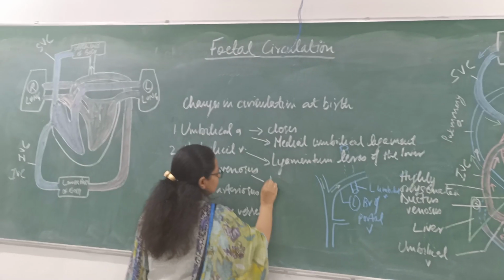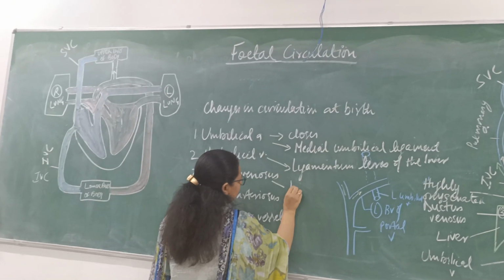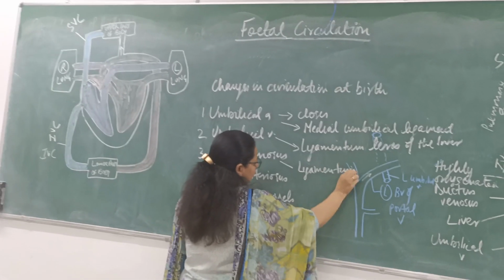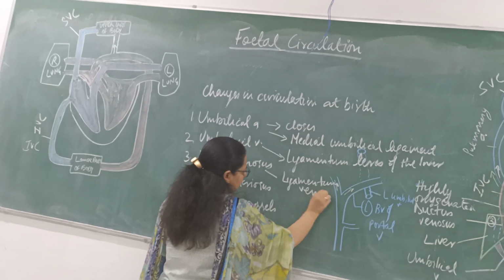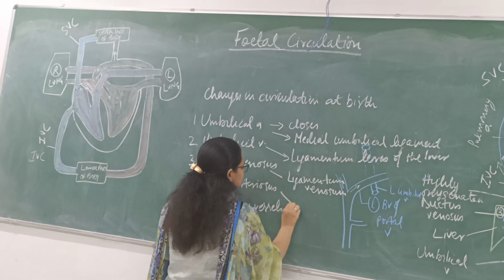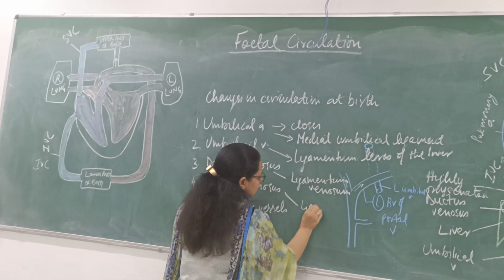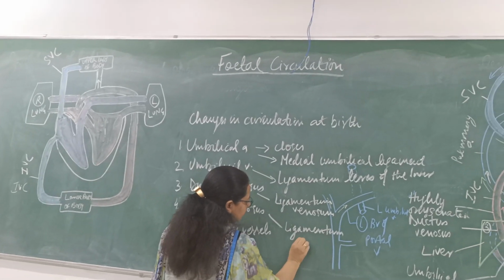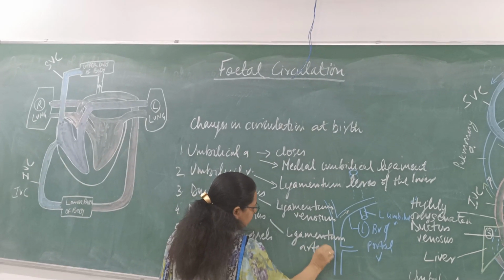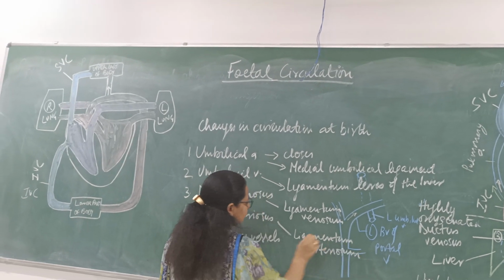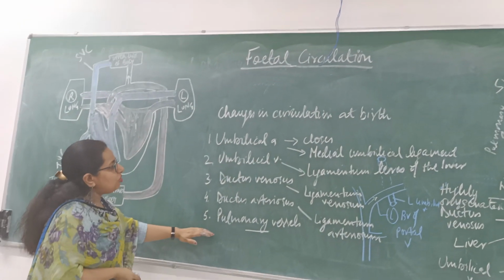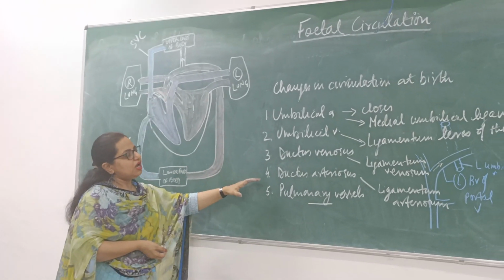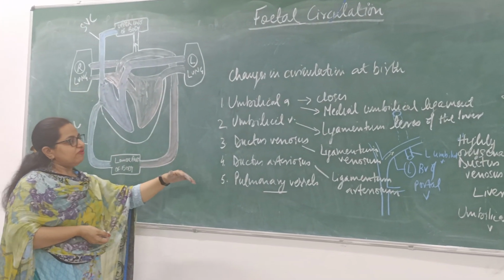The ductus venosus forms the ligamentum venosum. Whereas the ductus arteriosus forms the ligamentum arteriosum. So that is all about the changes which take place in circulation at birth and immediately after birth.